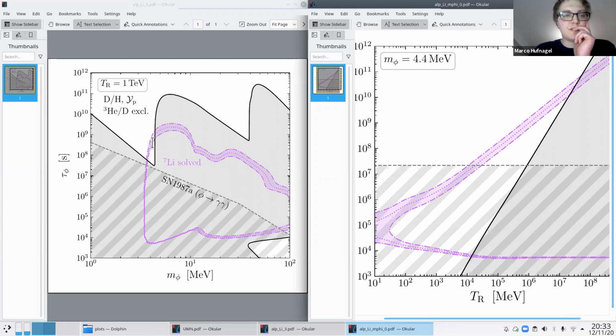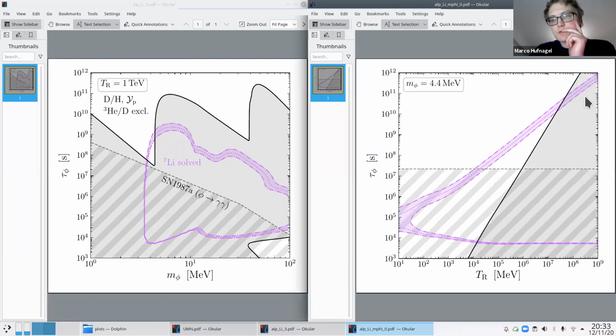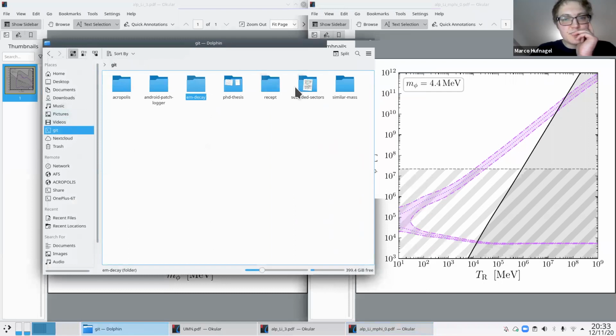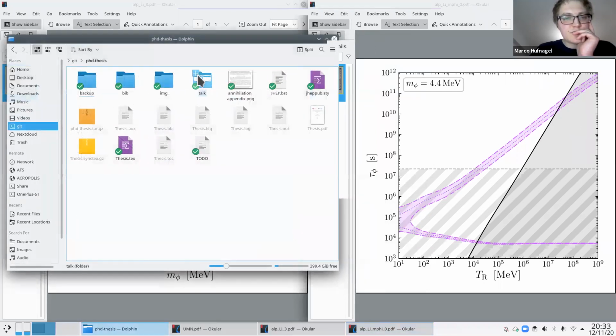Here you can see that, for example, in the plane of lifetime versus mass, you can solve it in this region over here, so around 10 to the 8 seconds. And this is the plane of lifetime versus reheating temperature. But we can also map this to an actual coupling constant.